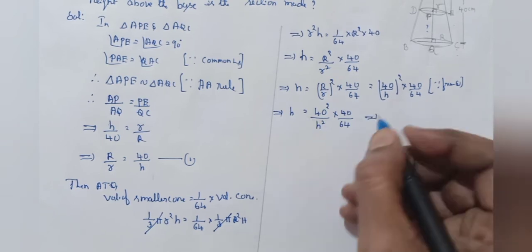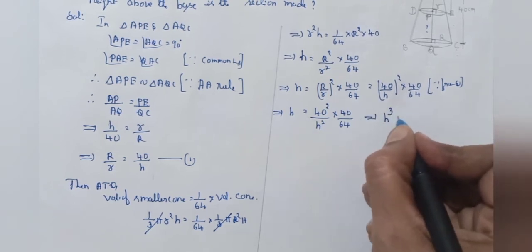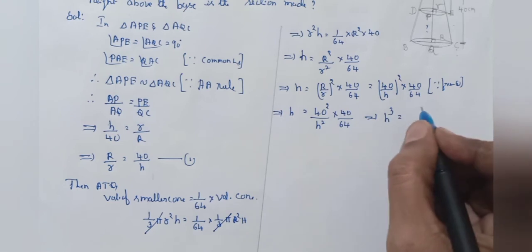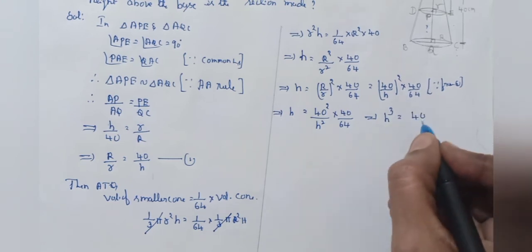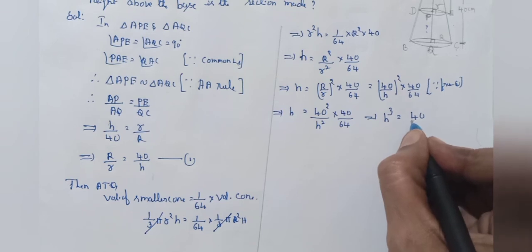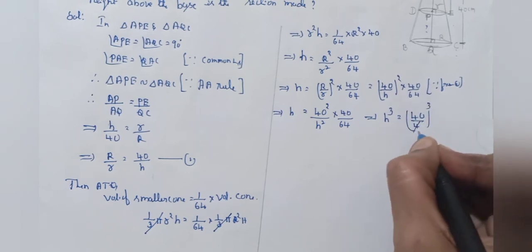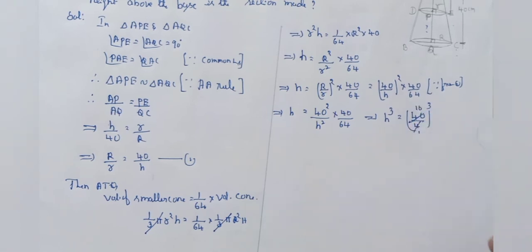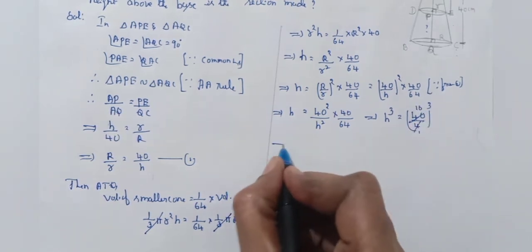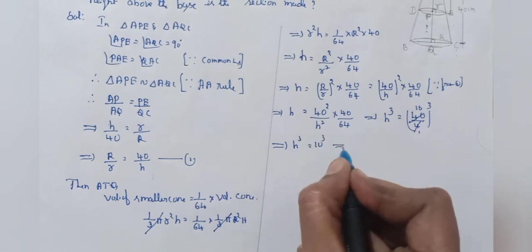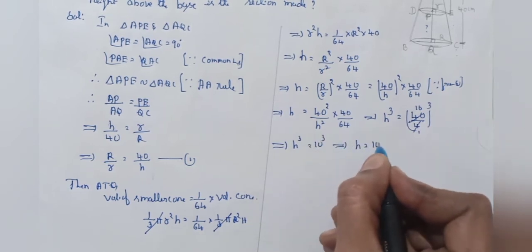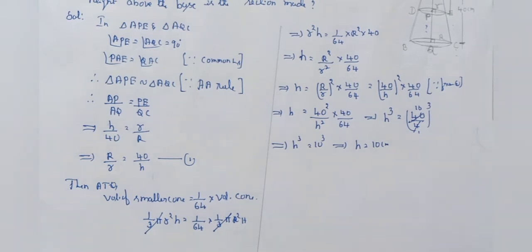Then h into h square is h cube, equal to 40 square into 40. We can write 40 whole cube, and 64 we can write as 4 cube. So h cube is equal to 40 by 4 whole cube, 4 tens are 40. So h cube is equal to 10 cube. h is equal to 10 centimeter. So the height of the smaller cone is 10 centimeter.